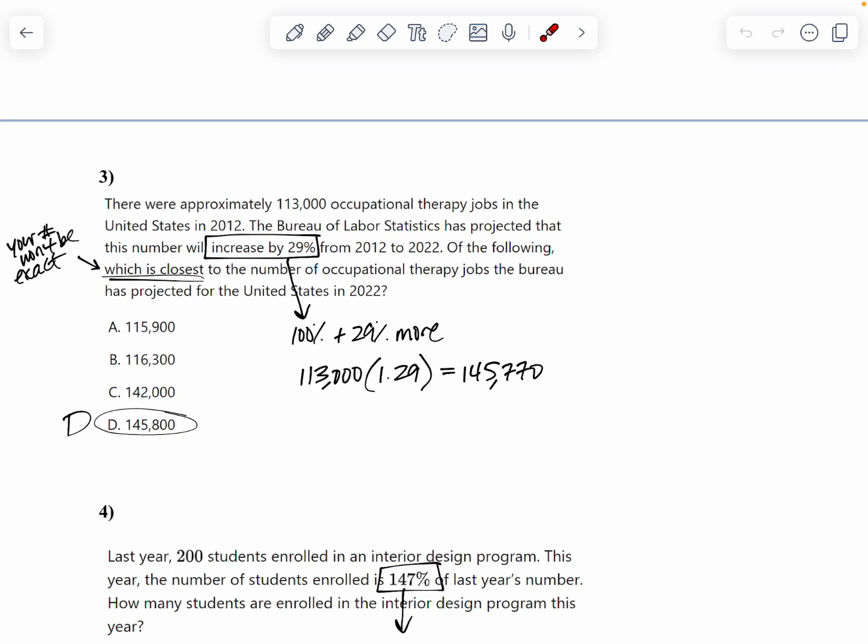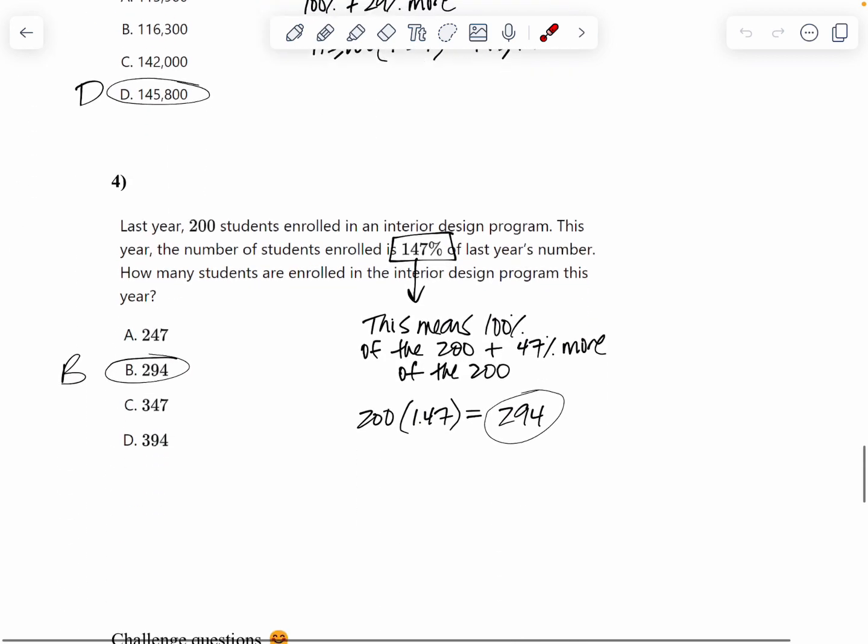Refer back to the other video if that's still a little shaky for you, but that gives us this number. And it does say which is closest again, so please don't panic if you get an answer that's not exactly one of these choices. Look for wording in the question that says which is closest, rounded, roughly, approximately, that kind of thing, okay?